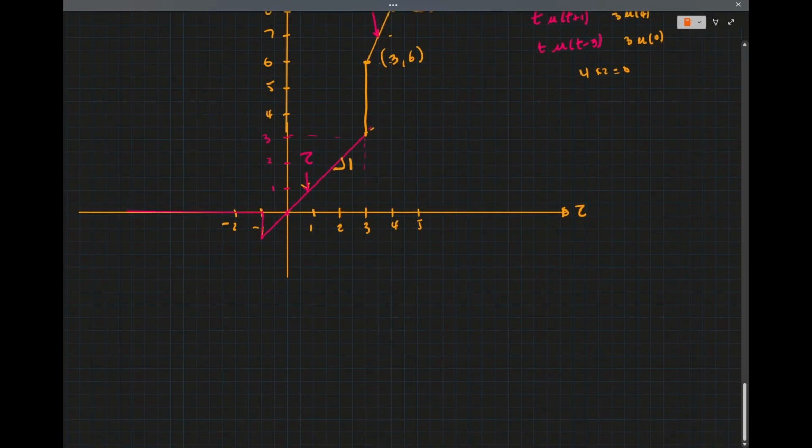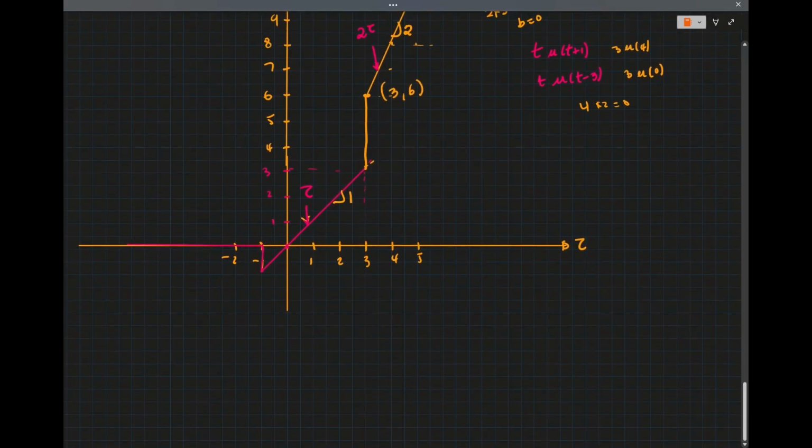Okay, so let's continue. So that's h equivalent of tau. Now we need u of t minus tau. So u of tau looks like this. So this is u of tau.